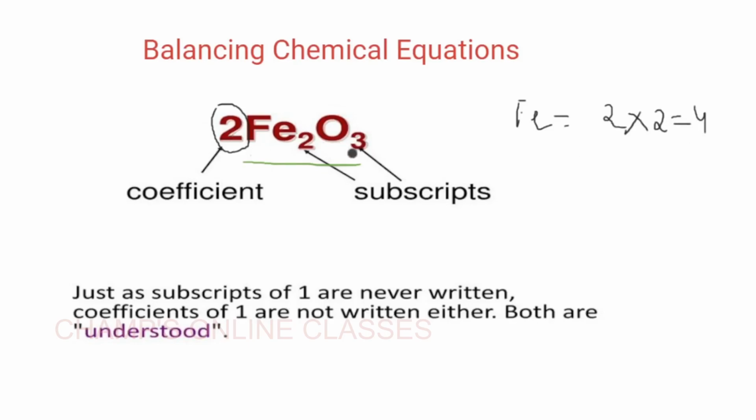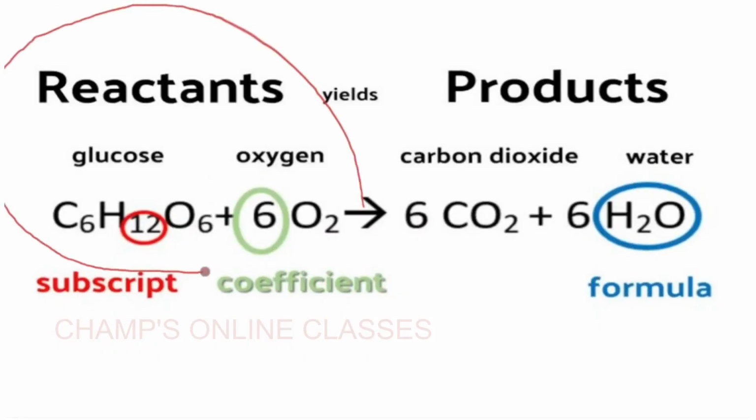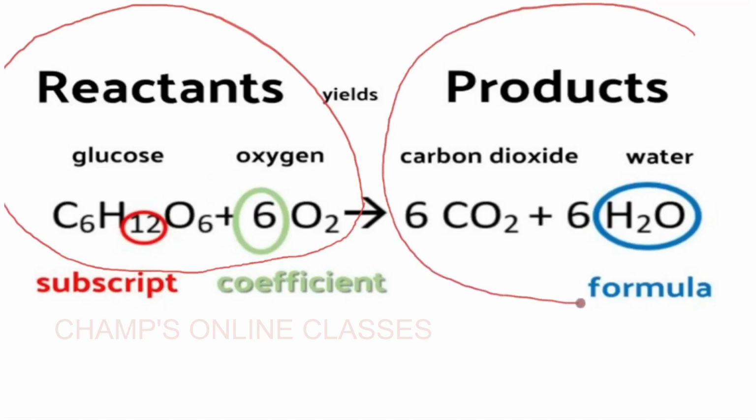Now how many oxygen atoms are there? 2 into 3, that is 6. So this is how we calculate the number of atoms. The terms on the left hand side of a chemical equation are your reactants and the terms on the right hand side of a chemical reaction are the products.